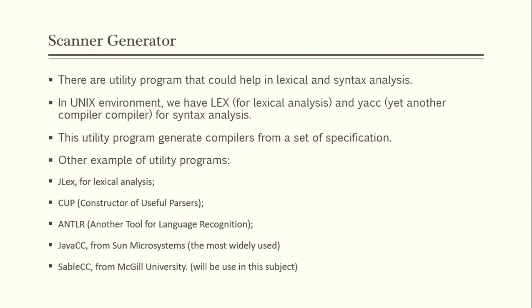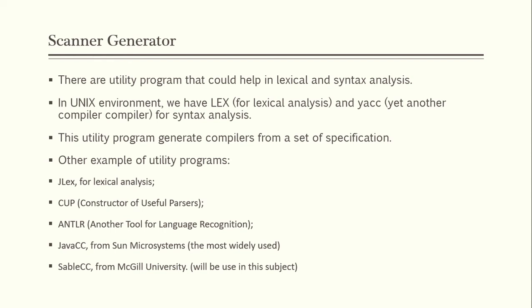It is a utility program that could help in lexical and syntax analysis. In the Unix environment, we have LEX for lexical analysis, and YACC, yet another compiler compiler, for syntax analysis. This utility program generates a compiler from a set of specifications.